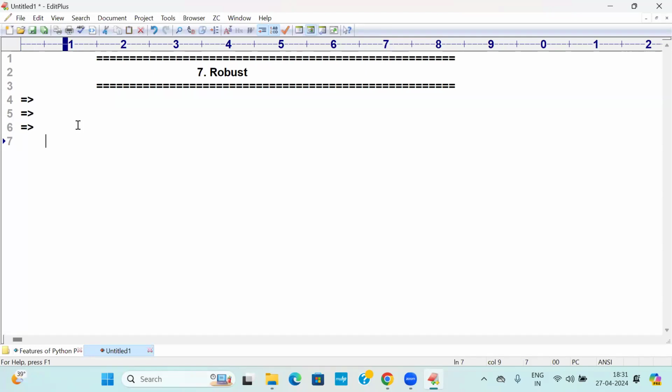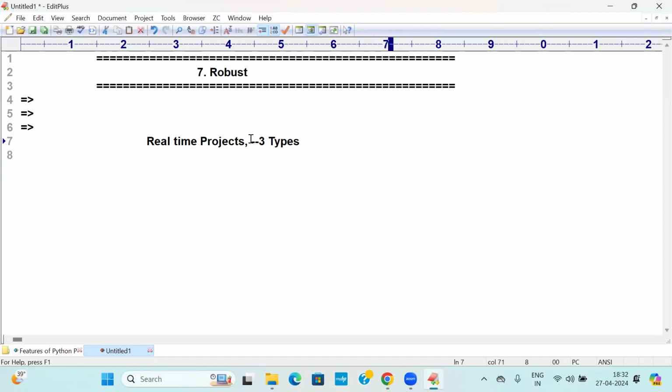When we come to real-time projects, let me give some elaboration here. During my application development, execution, debugging, deployment and implementation, we are going to get three types of errors.